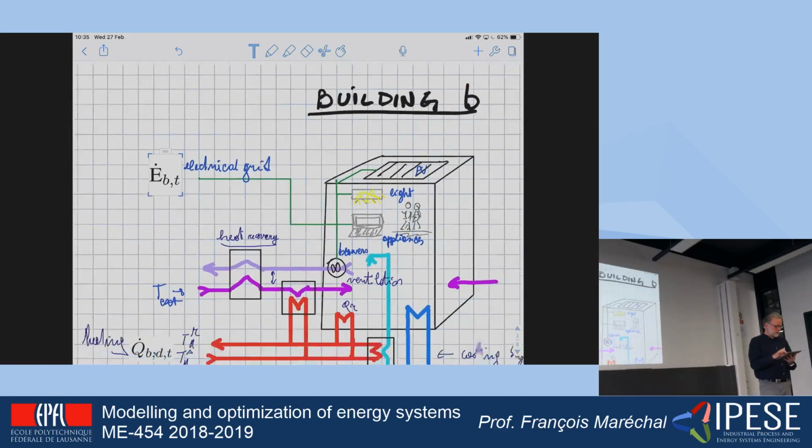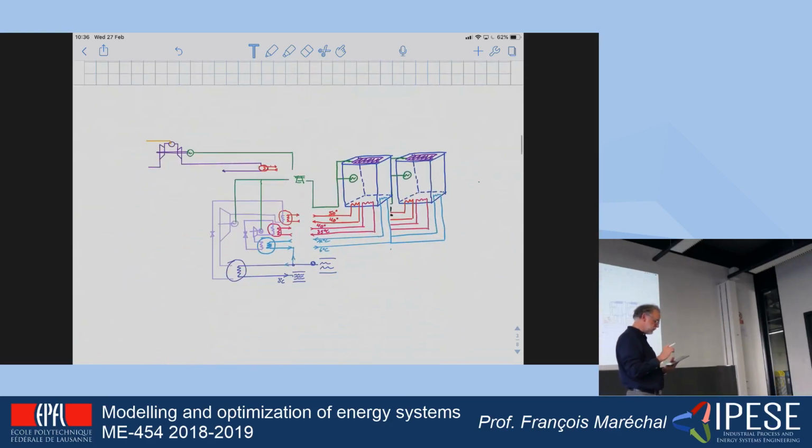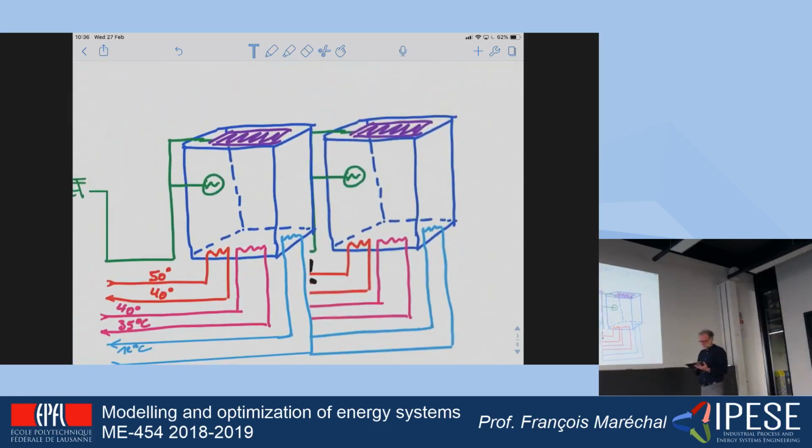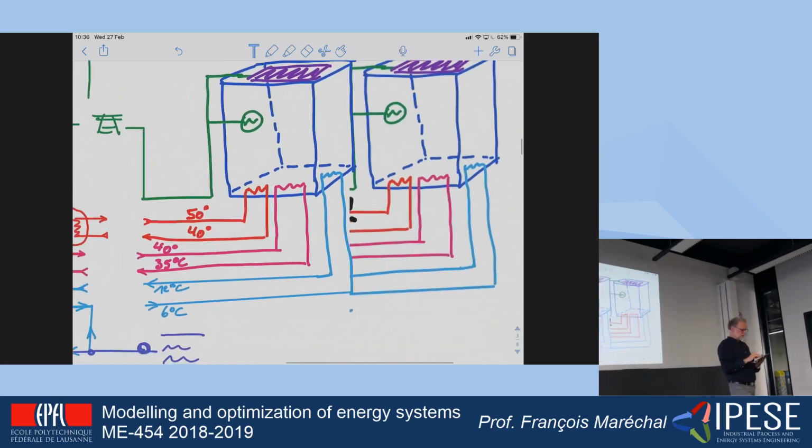So this is what I need to characterize if I want to be able to calculate the needs of the full system. And if now I'm looking at the full system, it will be a combination of buildings. So now I will have a list of buildings. Those are the ones that I was describing before, that are fed with different distribution systems.